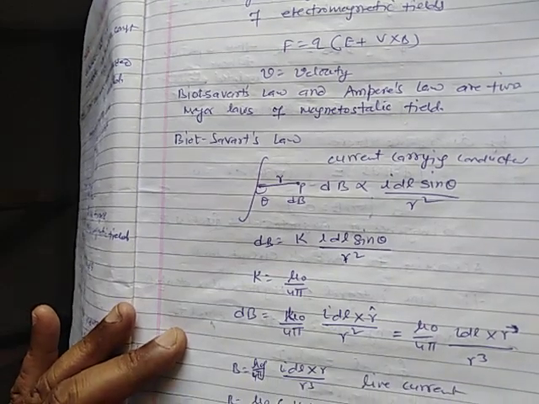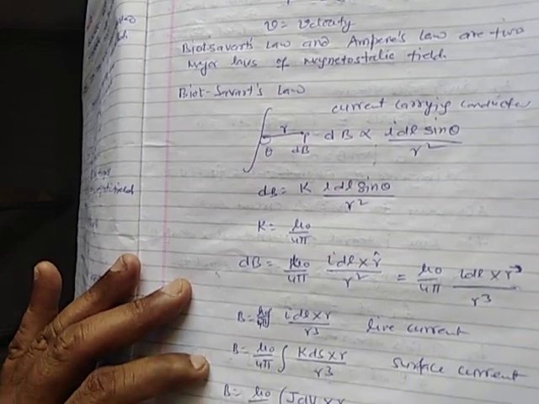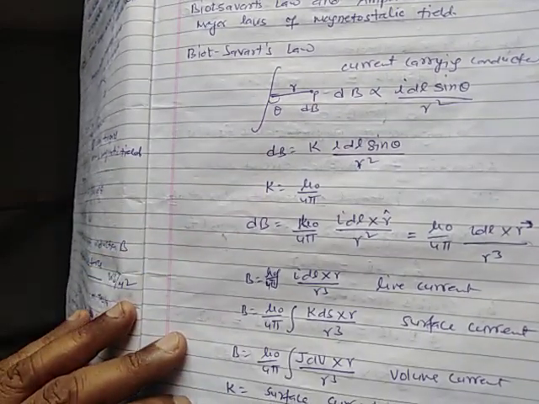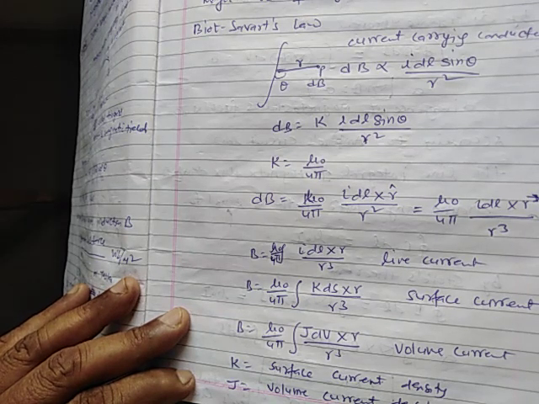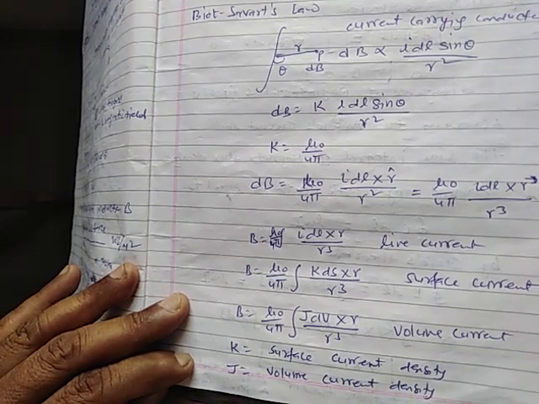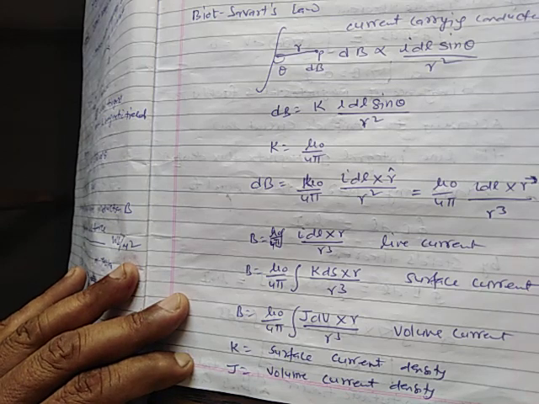So dB is equal to k I dl sine theta upon r square. K, as we know, is mu 0 upon 4 pi. So dB we can write as mu 0 upon 4 pi I dl into r unit vector divided by r square, or mu 0 upon 4 pi I dl cross r vector divided by r cube.